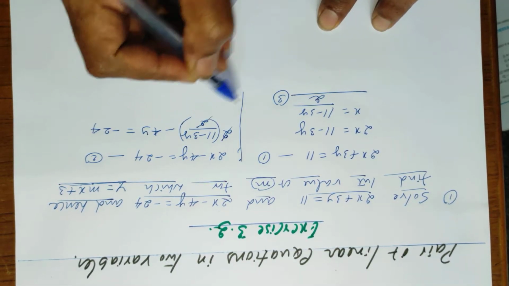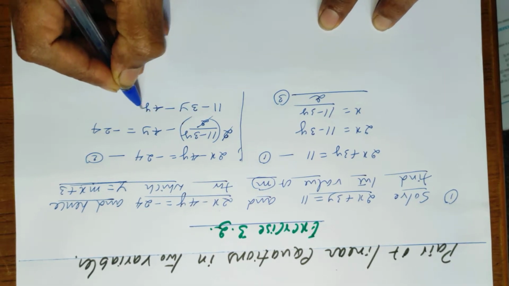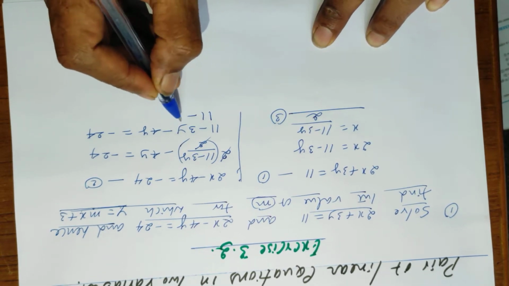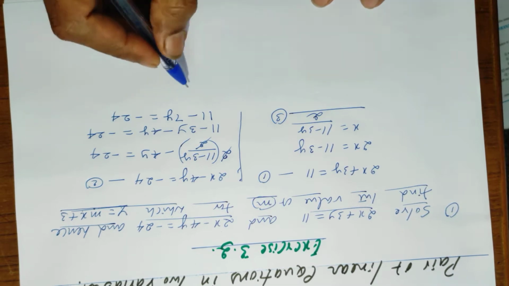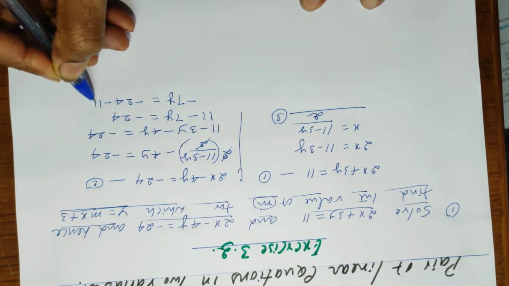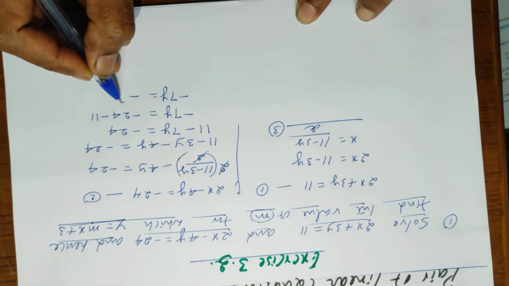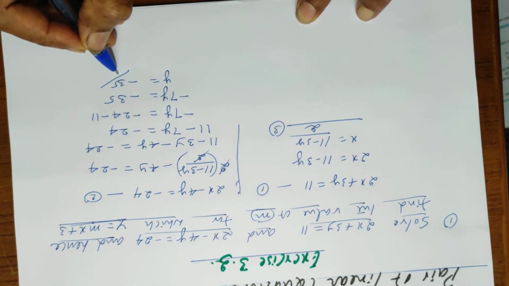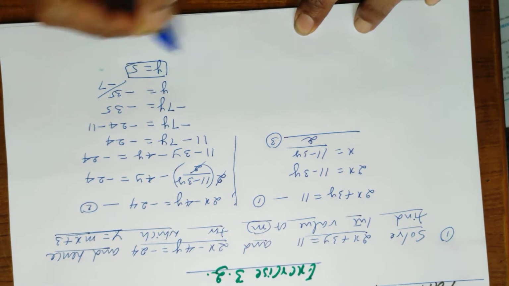Here 2 gets cancelled. 11 minus 3y minus 4y is equal to minus 24. 11 minus 7y is equal to minus 24. Minus 7y is equal to minus 24 minus 11. So minus 7y is equal to minus 35. y is equal to minus 35 by minus 7. y is equal to 5.